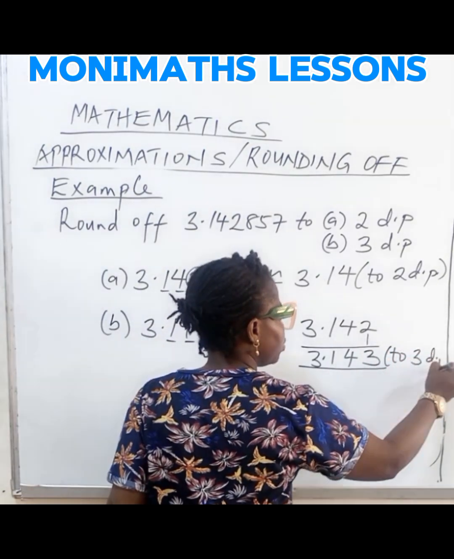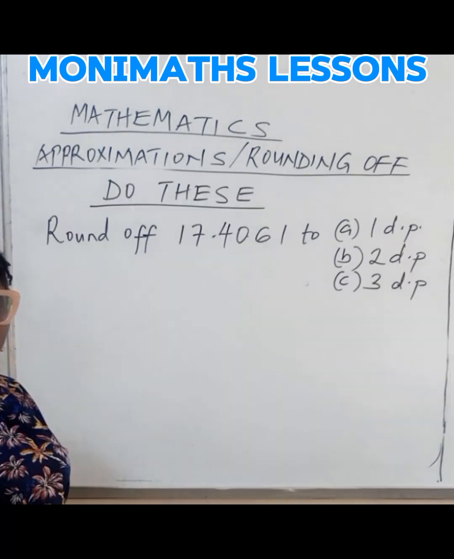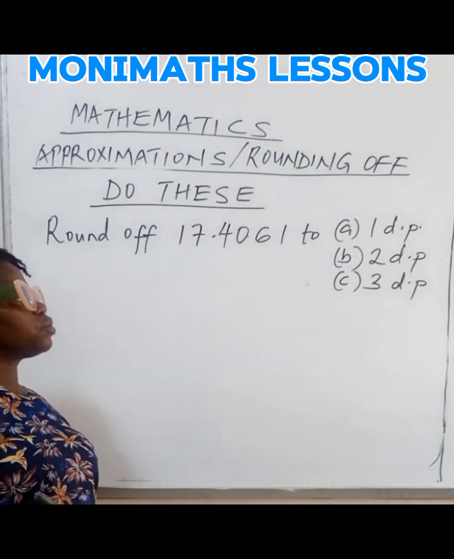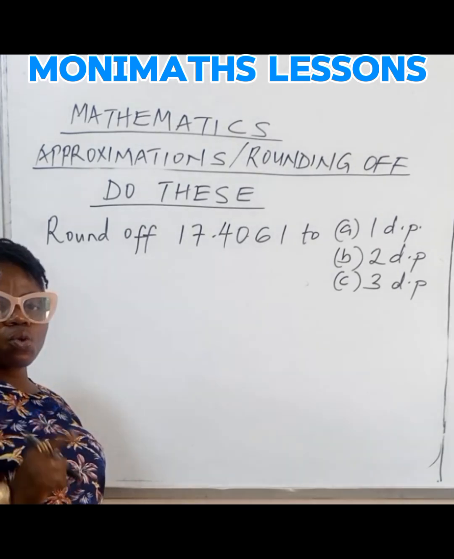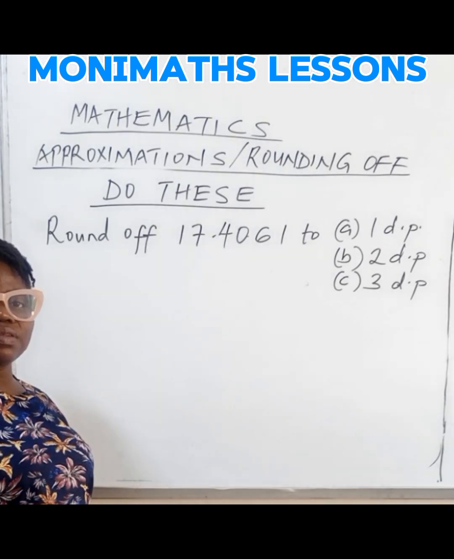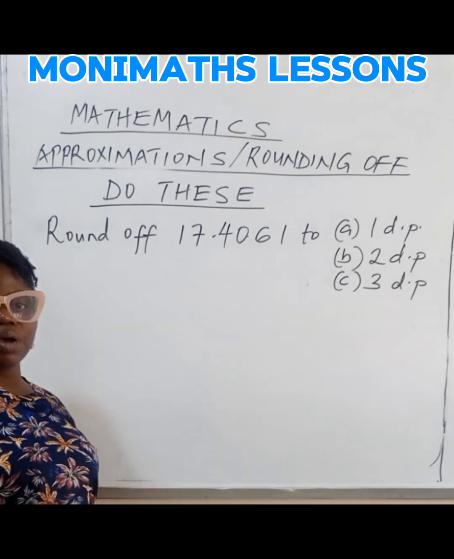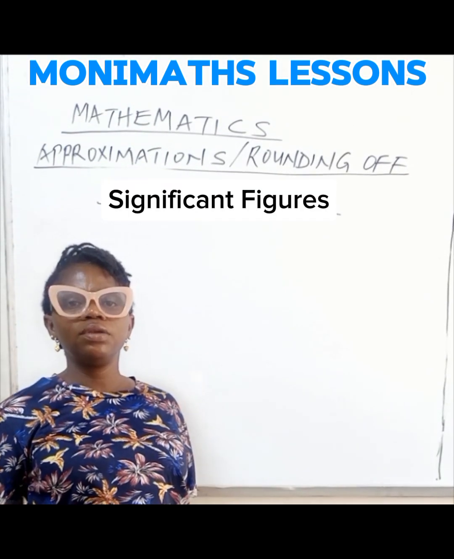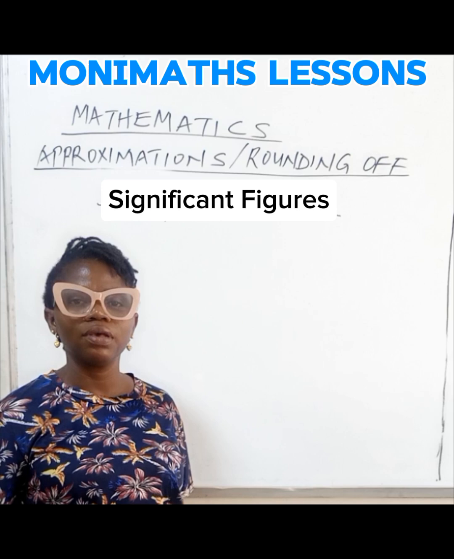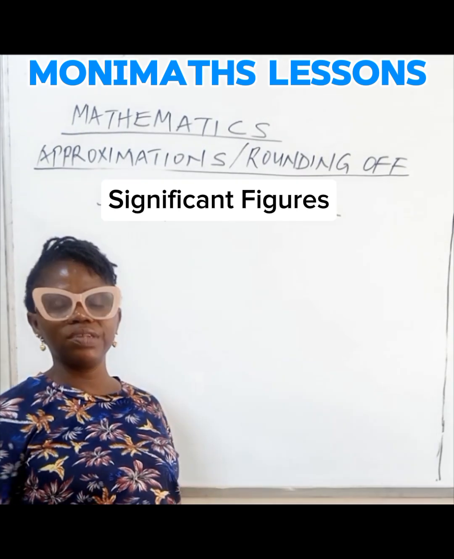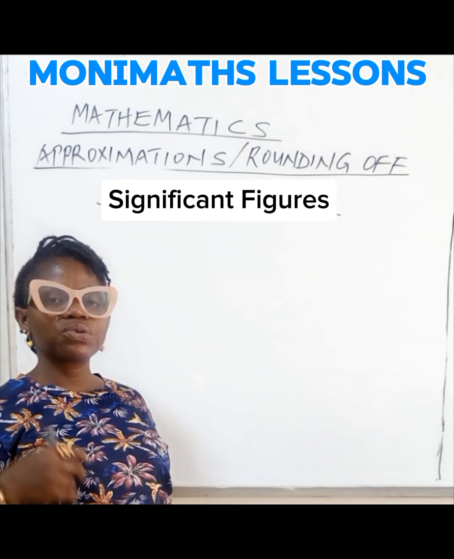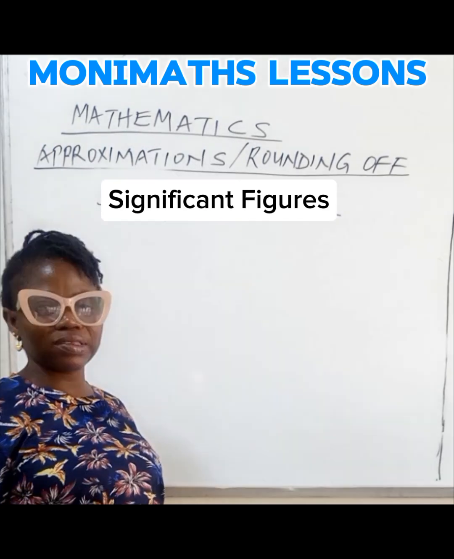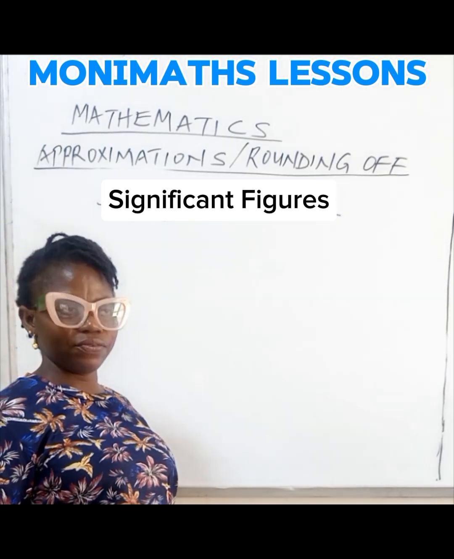For your practice, round off 17.4061 to 1 decimal place, 2 decimal places, and 3 decimal places. To determine the number of significant figures a number is written to, we have to start counting from the first digit that is not 0 on our left.